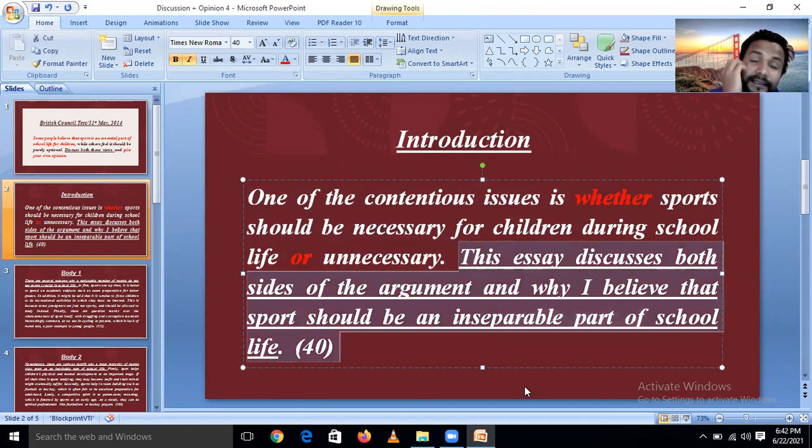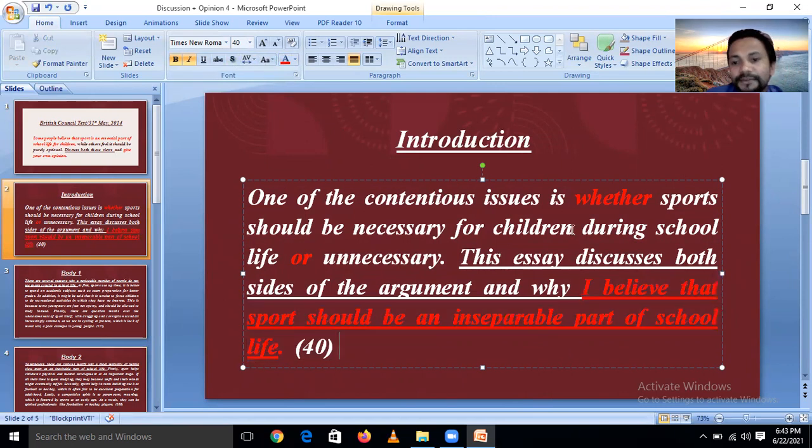This essay discusses both sides of the argument and why I believe that sports should be an inseparable, meaning compulsory, part of school life. Sports should be mandatory, compulsory, an inseparable part of school life. So in this essay, I have supported the first side.